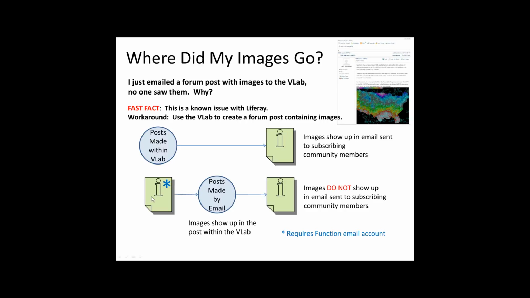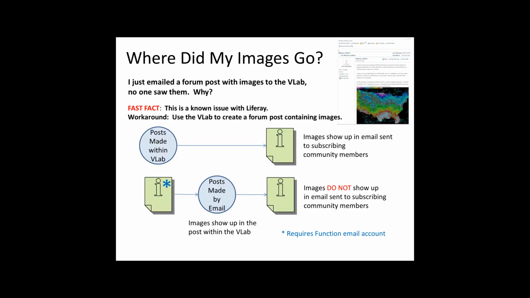But if you email the forum post from your desktop, it will get posted to the forum, and the images in that email will be displayed in the forum. But unfortunately, when the email gets sent out to everybody who has subscribed to that particular thread, they will not see the images. They will have been stripped out.